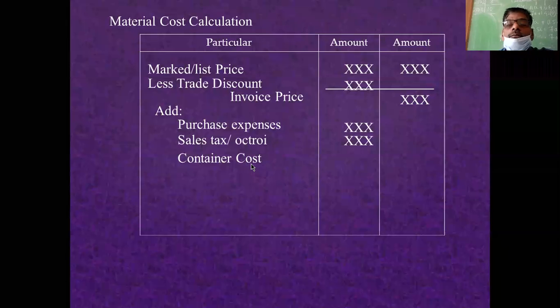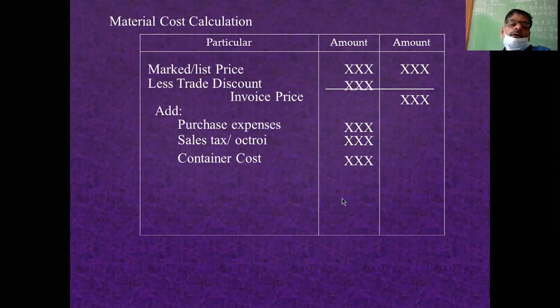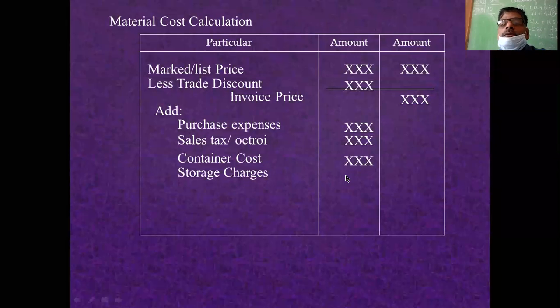If the packing charges are made by the supplier, you take the container cost. Okay, container cost. Container means boxes. Then storage charges. Whatever expenses you incur to store those purchases, you take the storage charges.